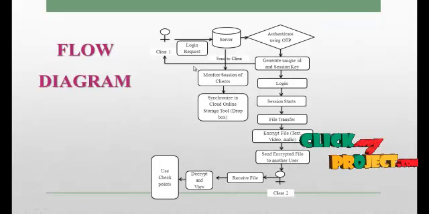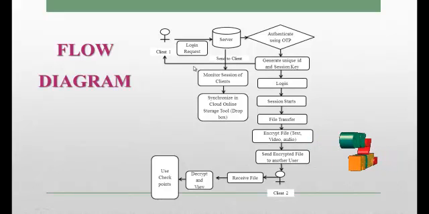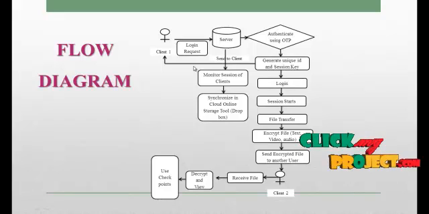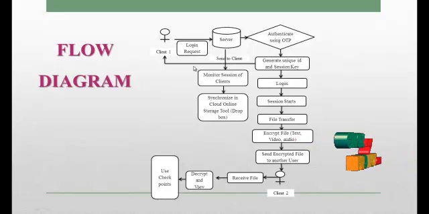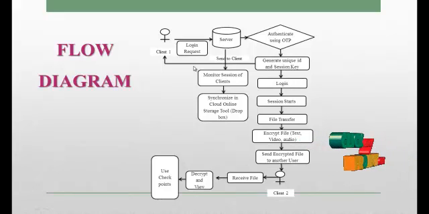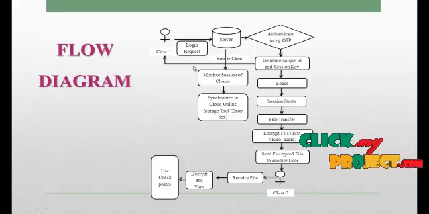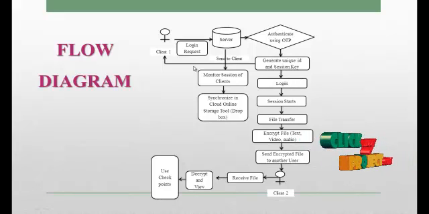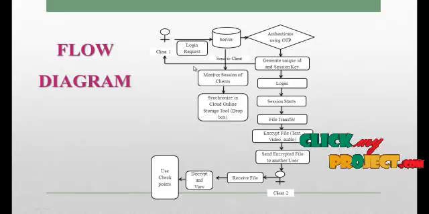The flow diagram of this project is: login request from the client browser, and the server authenticates using OTP, monitoring the session of clients, and synchronization with the cloud online storage tool, that is Dropbox.